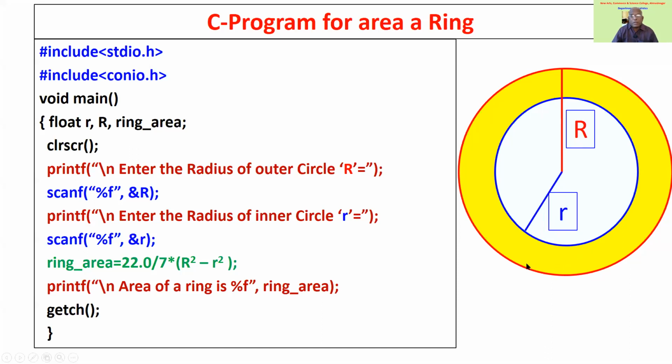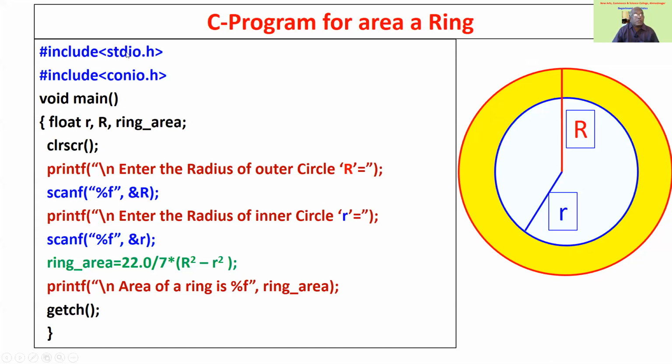Now what is the logic? The logic is very simple. Using capital R, I will find the area of the outer circle. Using small r, I will find the area of the inner circle and just take the difference. Whatever part remains is the ring. That is the simple logic we are using. So let us start writing the program.